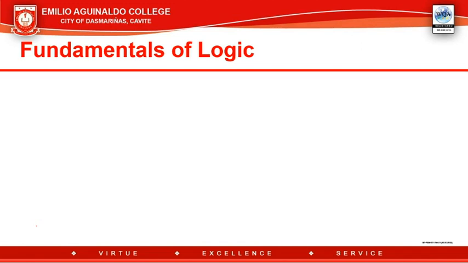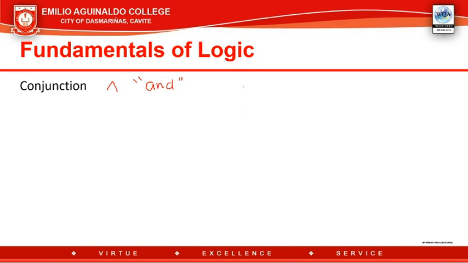So the first one, we have the conjunction. For conjunction, we use this symbol, and our logical connective here is the word "and". For the truth table for conjunction, like what I've said, this is just like multiplication of binary numbers.